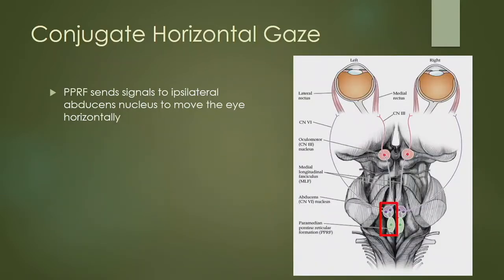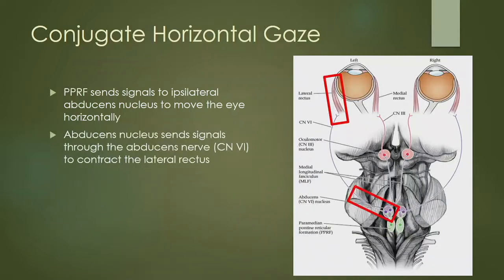So it's going to the ipsilateral side, contralateral from the frontal eye field involved. And from there, the abducens nucleus does its thing. It sends a signal to the lateral rectus, it contracts, and you have your eye abduct out.